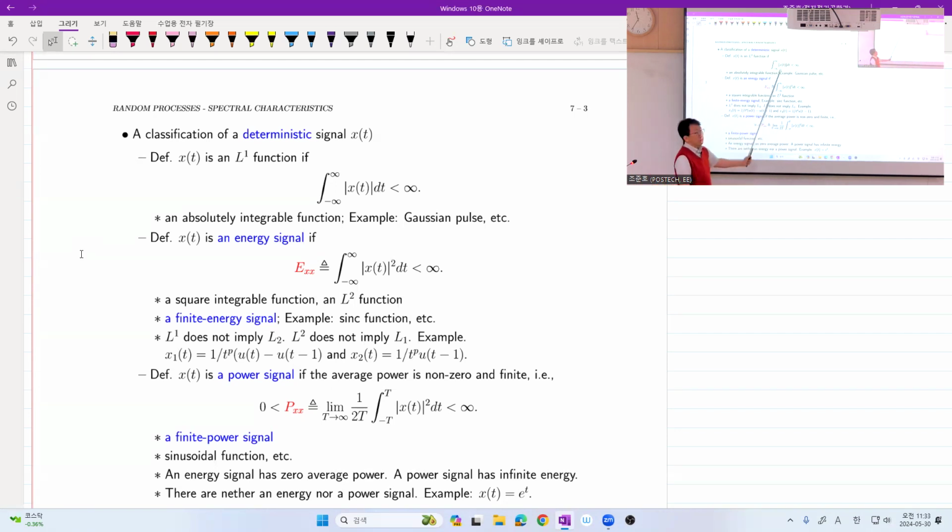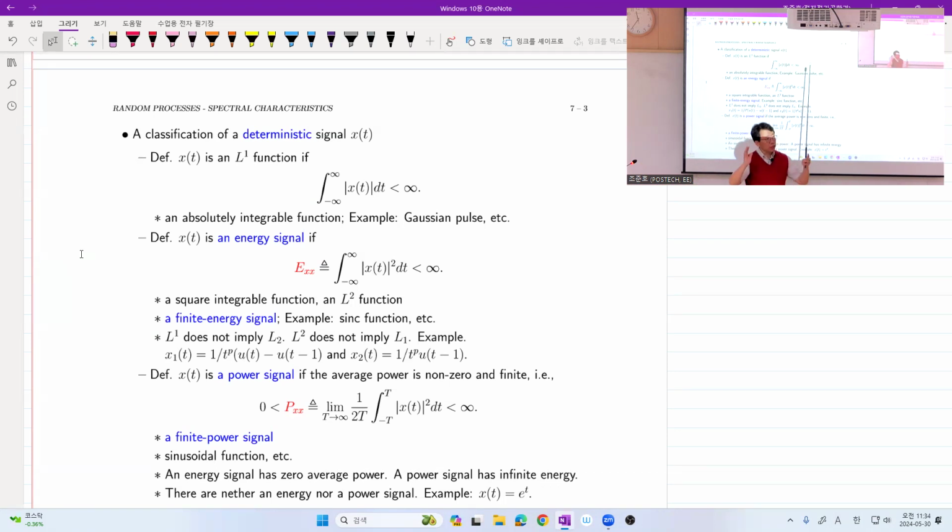So you take the absolute value of the function and integrate from negative infinity to positive infinity. And if it is bounded above, which means that there is some finite number and your integral is less than or equal to that, then by definition, we say that x of t is an L1 function.